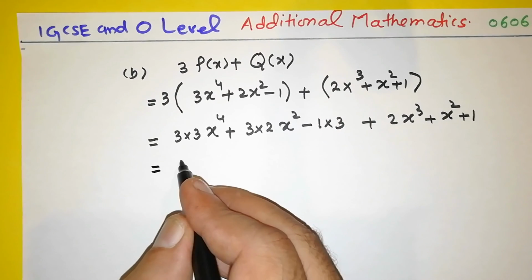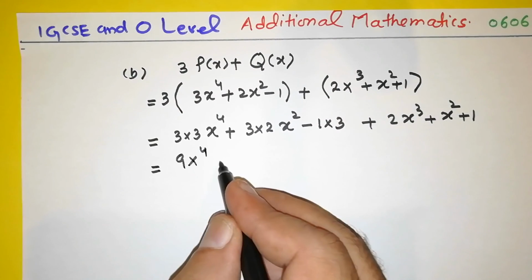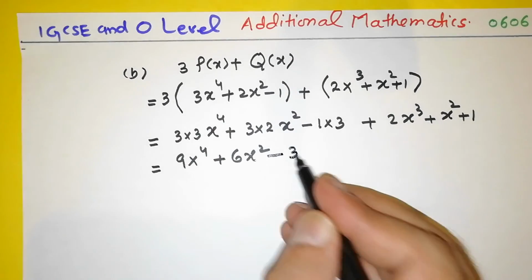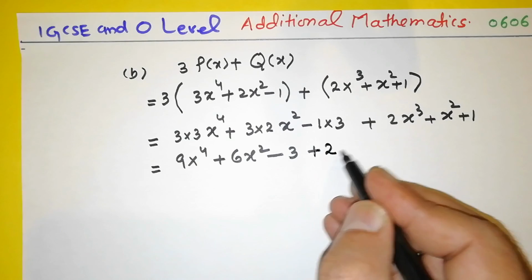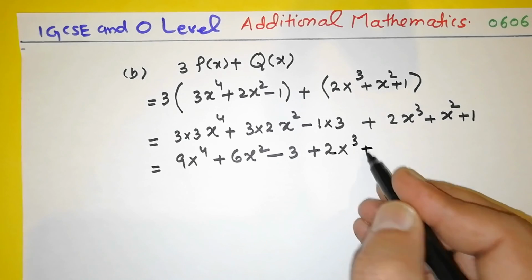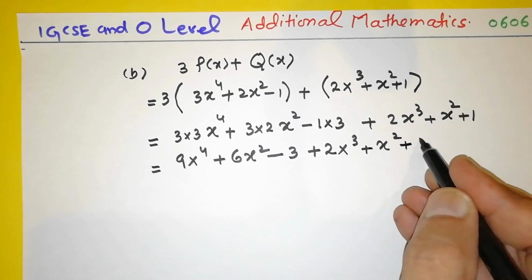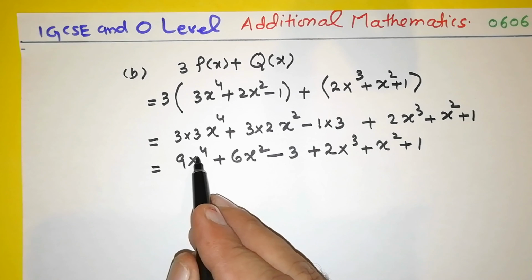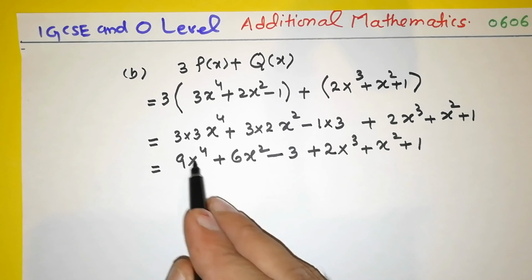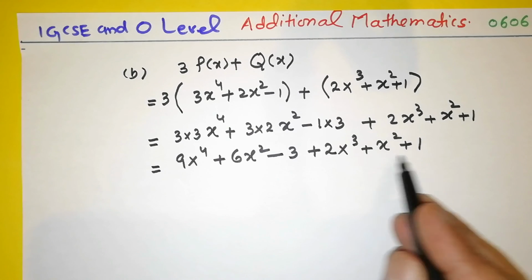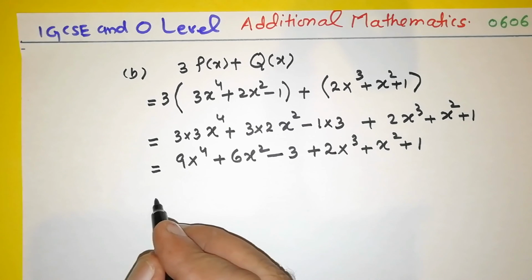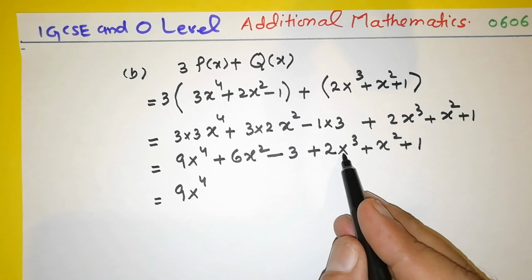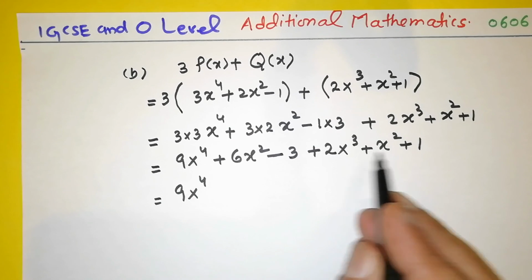So students, see here, there is 9x^4 plus 6x^2 minus 3, plus 2x^3 plus x^2 plus 1. This is 9x^4 and this is the only term of degree 4. There is no other term, so this will be written as it is in the answer, and again here this is a cubic term and there is no other cubic term.